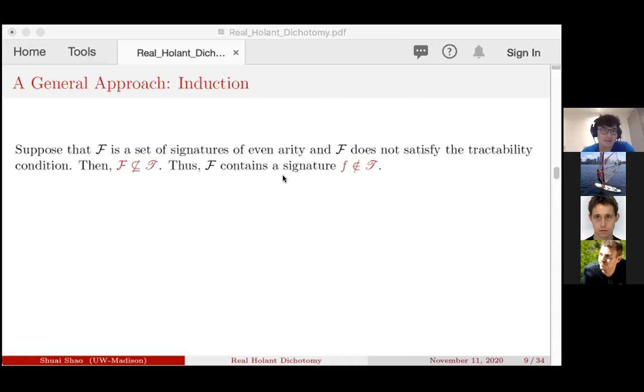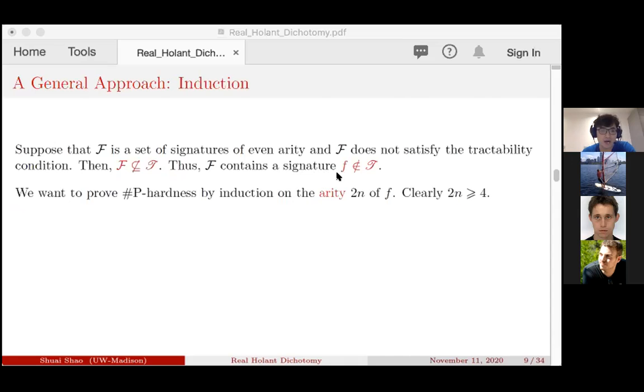Thus, it must contain a signature small f that is not in T, which is not a tensor product of binary or unary signatures. Now we suppose that this signature small f has arity 2n. Clearly 2n is larger or equal to 4, because if this signature has arity 2, then it's trivially a binary signature.